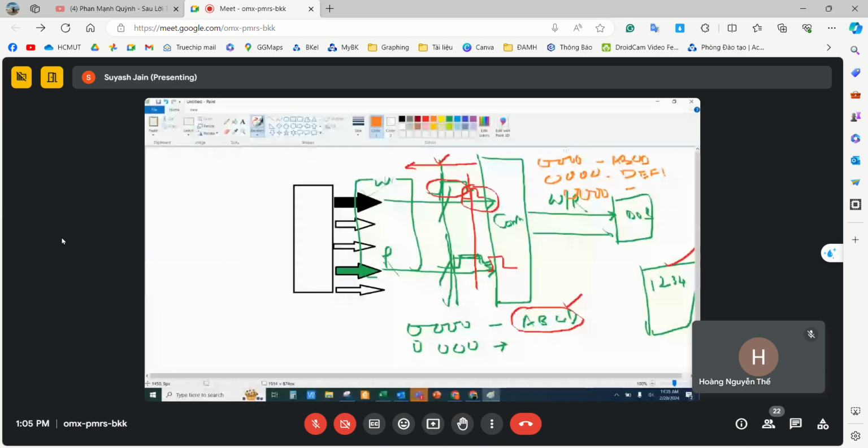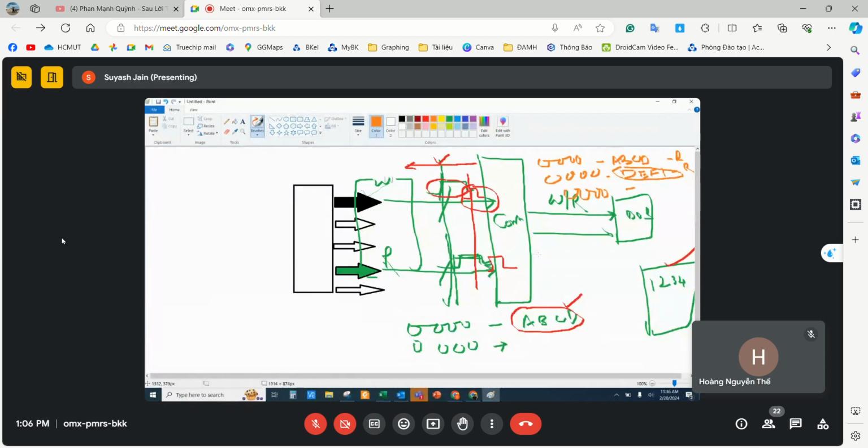This is happening when you have already got the response of the earlier write, so the output of the memory should be DEF1. This is the write after write hazard. If a write and a write come for the same address, then the second write gets priority over the first one. Okay, sir.